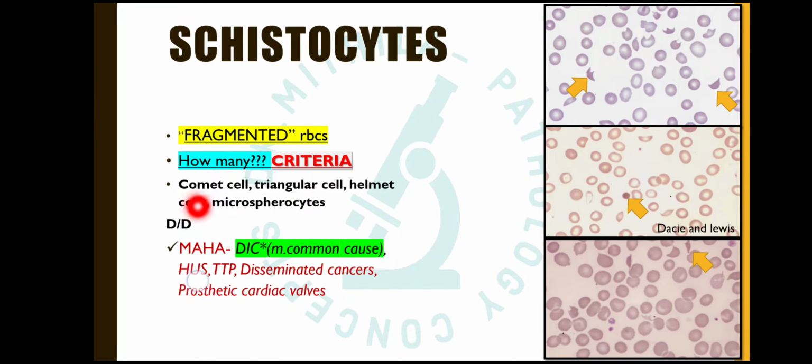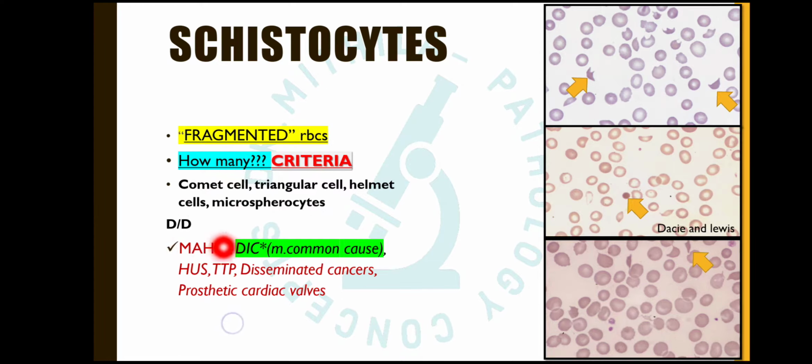Different kinds of schistocytes are there, and they don't have any central pallor, so they are completely hemoglobinized. They can be a comet cell, which has a tail, a triangular cell, a helmet cell, or a microspherocyte, which is very small and fully hemoglobinized.